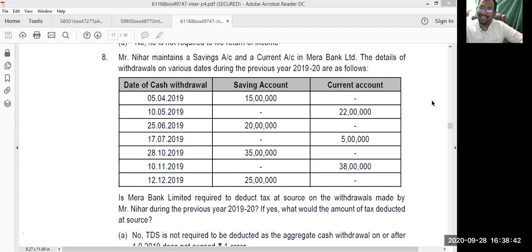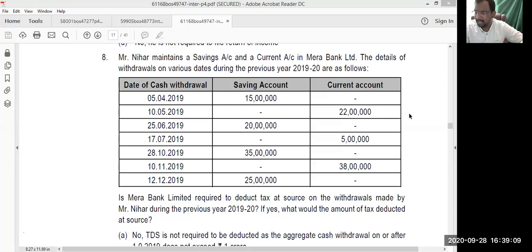Now calculate the TDS under section 194N. On how much amount should I calculate TDS? On the entire amount of the excess portion of 60 lakhs, in excess of 1 crore.